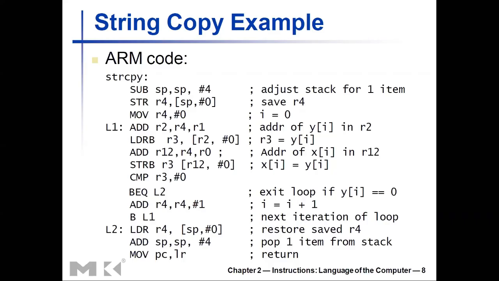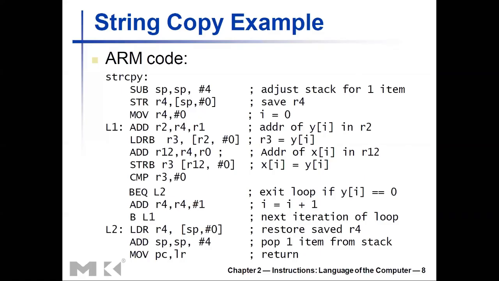So the address or the location that we need to access is going to be computed and stored in R2 after you perform this add operation in the L1 label.